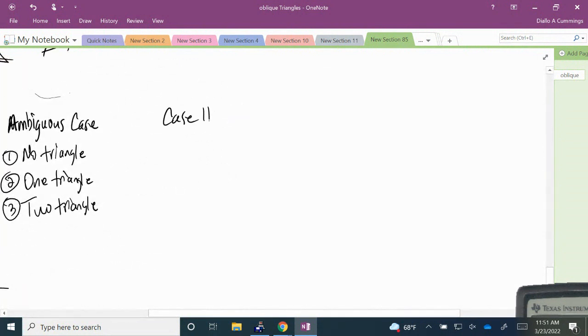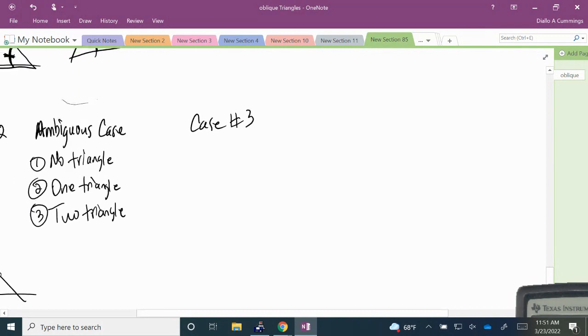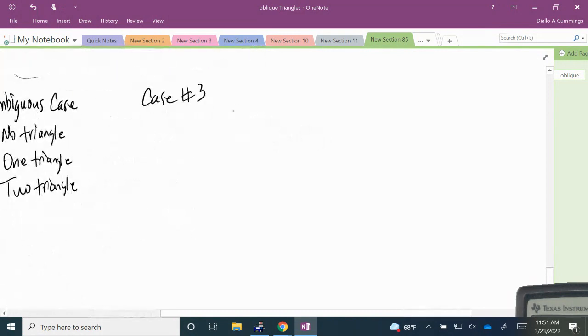Next, we have case number 3, which is side angle side. Right, so for side angle side, you're given a side length, you're given another side length, and you're given the measure of the angle included between those two.